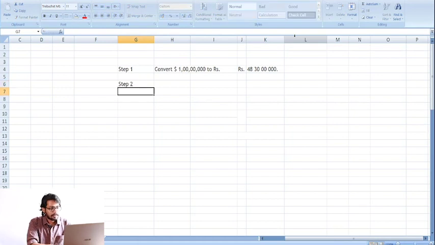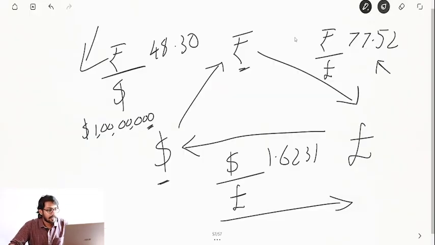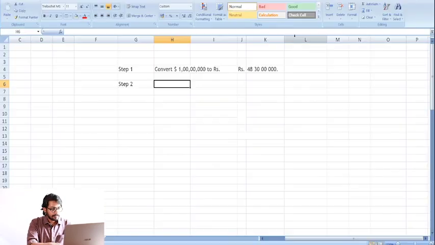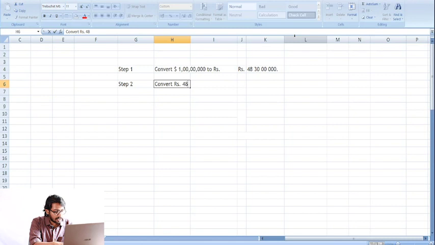Okay, I am going the first route. I am converting dollar to rupee. Next is converting rupee to pound. Convert rupees 48 crore 30 lakh to pound.